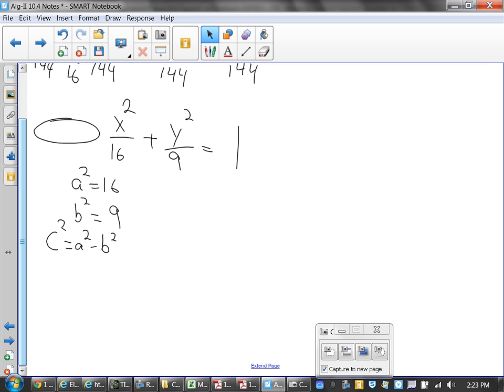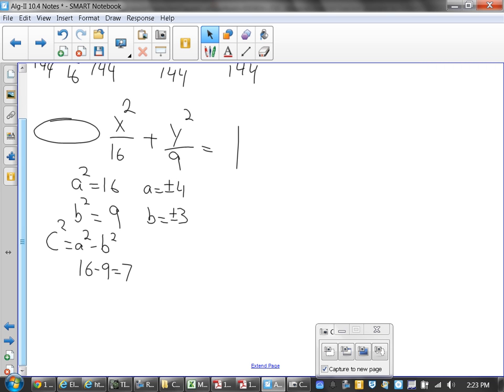So if a squared is 16, what's a? 4. So a is plus or minus 4. I have to do plus or minus here because I took a square root over an equal sign. b is going to be plus or minus 3. c squared is going to wind up being 16 minus 9, which is 7.